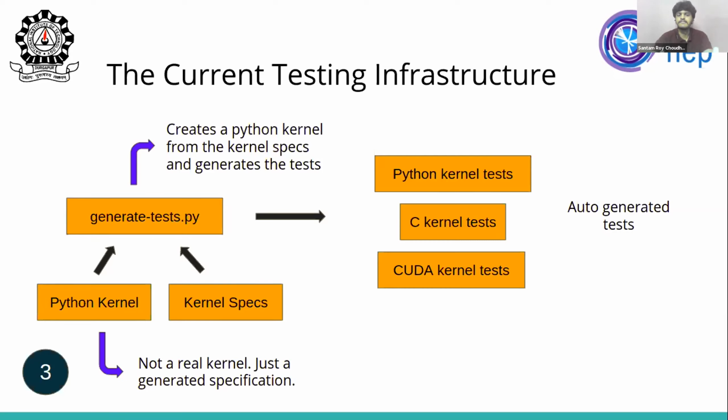When we run this file, it takes in inputs from the kernel specification and generates a Python kernel. Now this Python kernel is not a standalone kernel as you saw in the earlier slide. It's just a temporary specification that is generated in order to automate the testing.